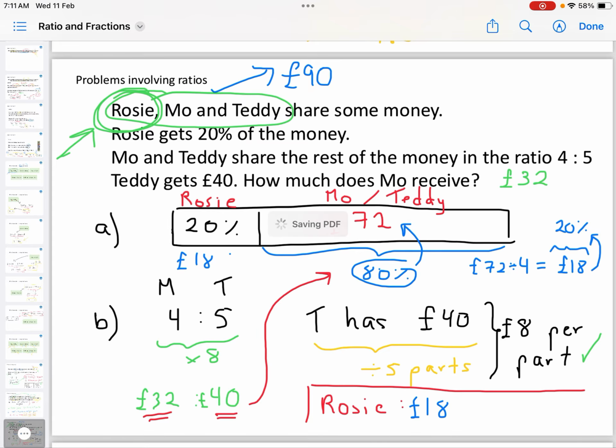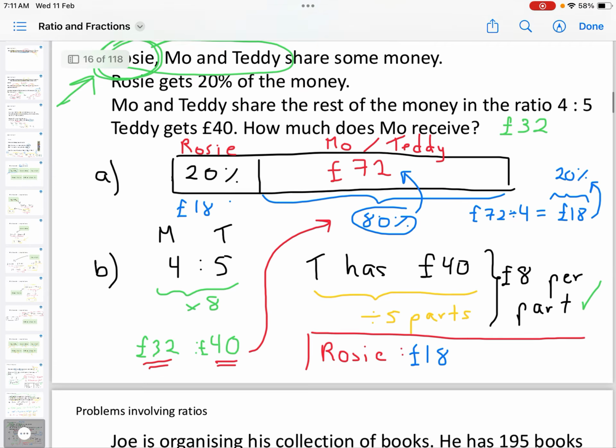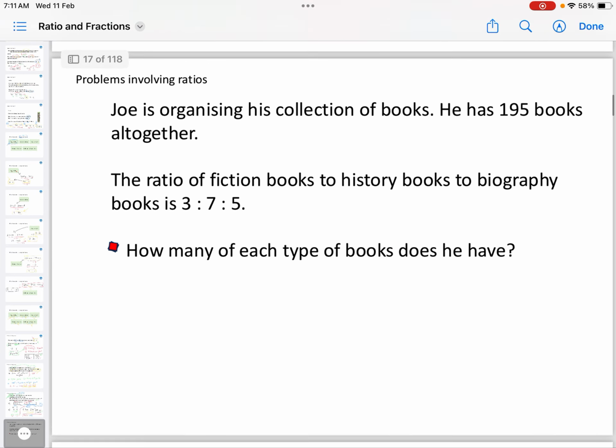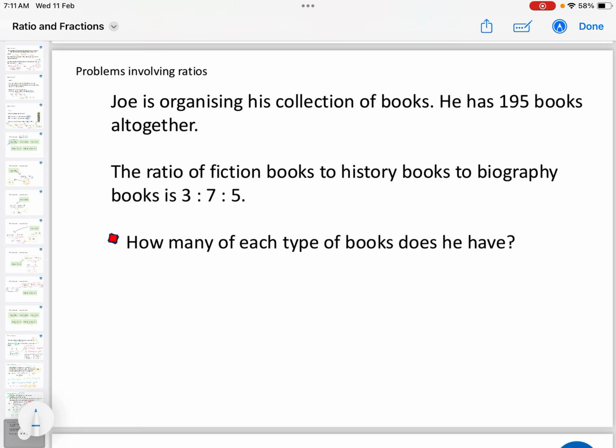Okay. And then finally, the exercise that I told you guys was on you to find the solution. We were talking about a total amount of books. So we know that the ratio is 3 for fiction, 7 for history, and then 5 for biography. In total, we have 15 parts.